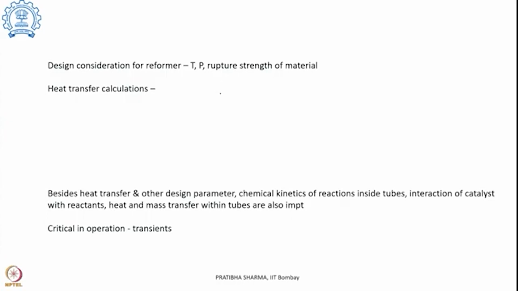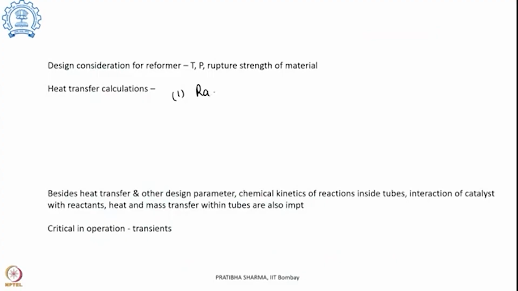So materials which are highly temperature resistant could be used for making the reformer tubes that can sustain such high temperatures and pressure. When heat transfer calculations are being done, we have to see the heat transfer not only from the burners, but till the point where the heat of reaction goes to the reactants. So all the heat transfer aspects need to be considered.